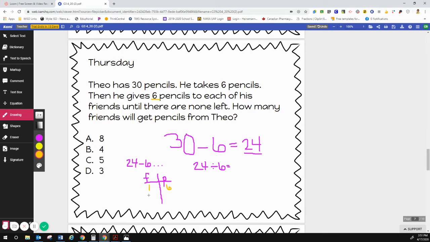Well, that means 2 friends. How many pencils would I have gotten rid of at that point? Yeah, 12. So I could keep going. There's lots of ways that I could do this. But what I want to know is how many friends are going to get pencils from Theo. I've got 24 pencils. I'm going to put them into groups of 6. How many friends am I going to be able to give pencils to? Go ahead and pause the video and give it a try.